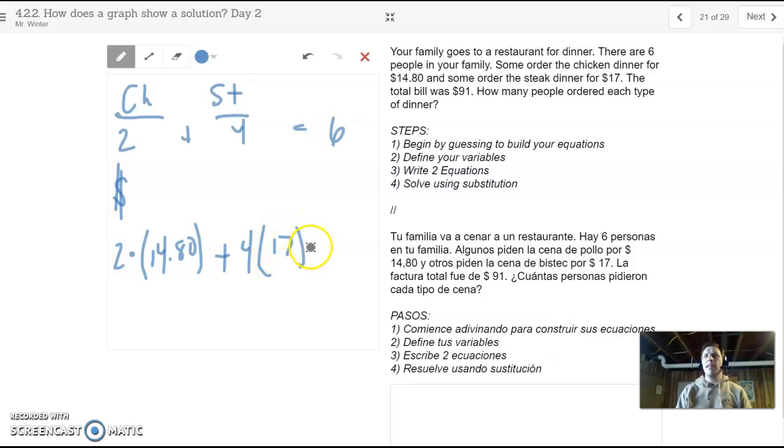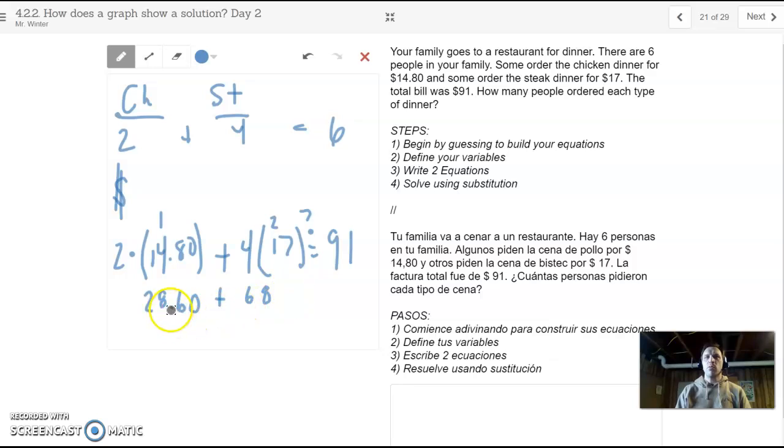Now, I like priding myself on my math, but I'll just do it in front of you right here. 2 times $14.80: 2 times 0 cents is 0, 2 times 80 cents is 16, so I'm going to put the 6 in there, carry the 1, 2 times 4 is 8, plus 1 is 9, and 2 times 1 is 2. So we have $29.60 in chicken, plus 4 times 17, 4 times 7 is 28, 4 times 1 is 4, plus 2 is $68.